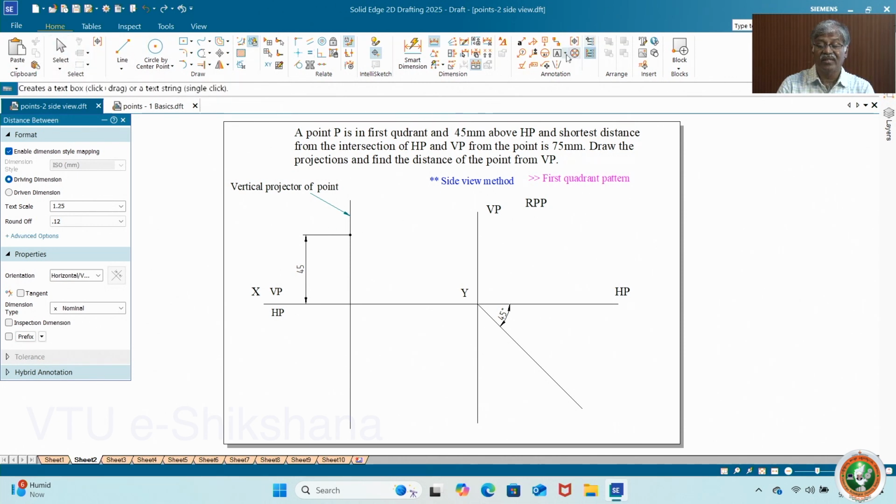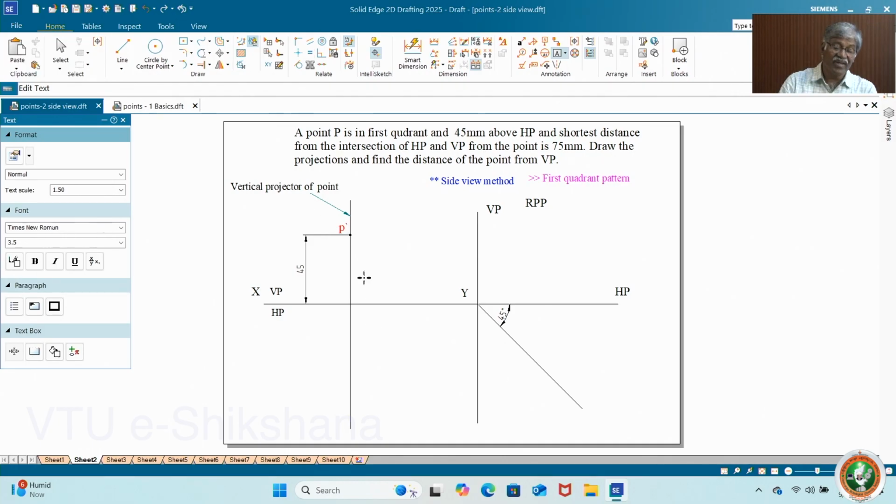Please observe that I have not placed any dimensioning line or naming inside the overall figure. Sometimes you have to keep it because of X, Y and all. Here I have directly taken VP and HP, so I have restricted Y here only because this is the reference line. Otherwise you can keep X, Y up to this and then X1, Y1. So here let me mark X1, Y1, or X dash, Y dash, to avoid any confusion.